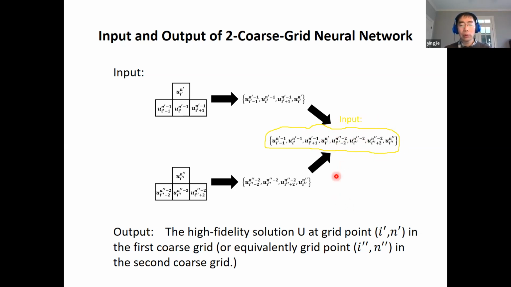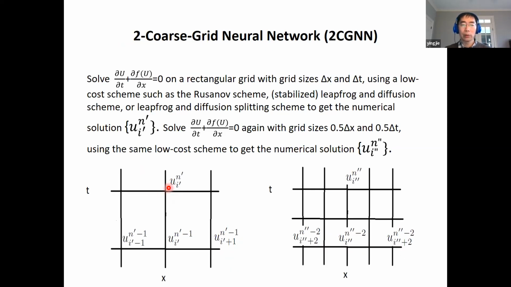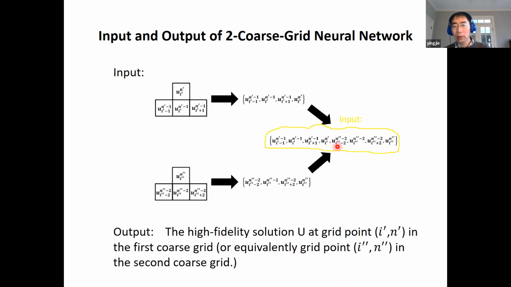And the output of the neural network will be the solution at a single point. That is the solution at this point, or equivalent at this point. They refer to the same space-time location. So you have, let's say, 8 elements in the input and 1 element in the output.